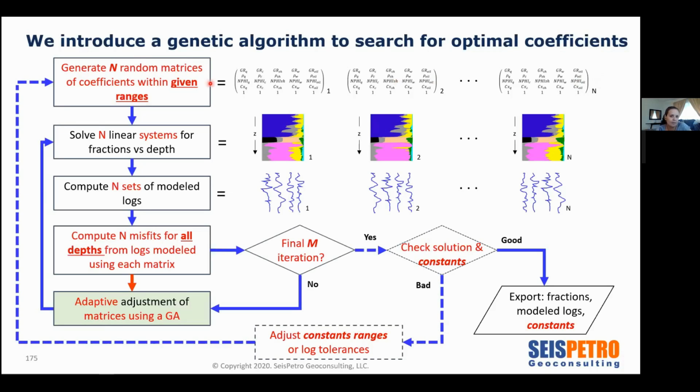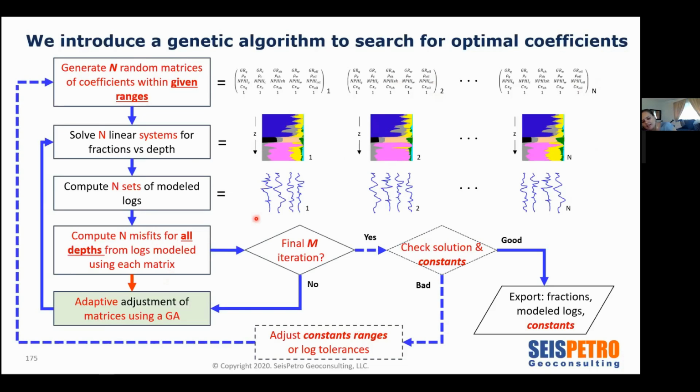It's going to select between those limits, the ones that I told you to ignore. So it's going to pick numbers from within those limits for each of your constants, and it's going to run the model. It's going to create an n number of sets, and an n number of model logs. It's going to then calculate an error.